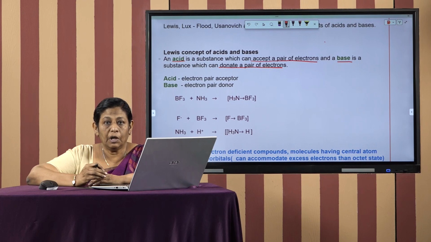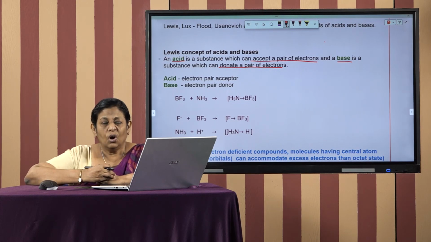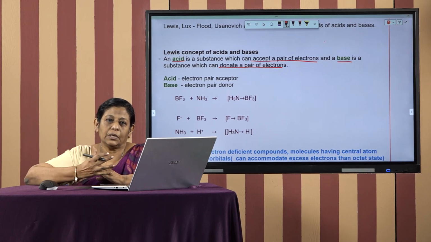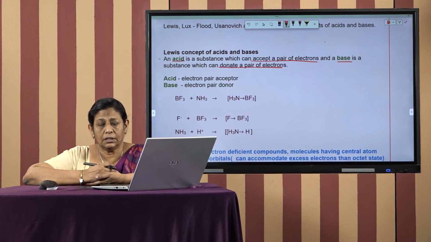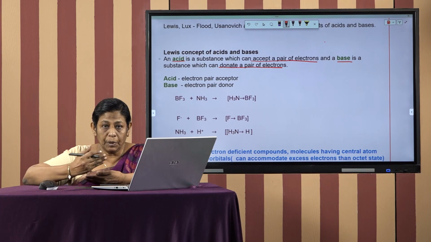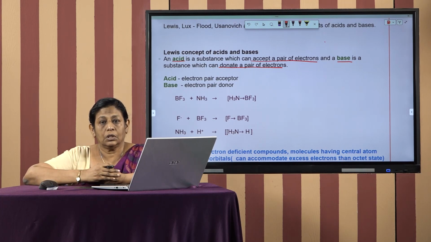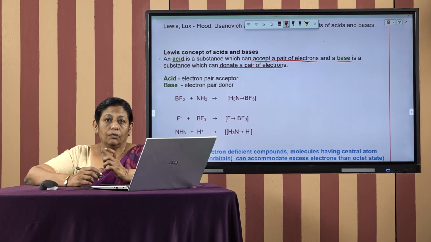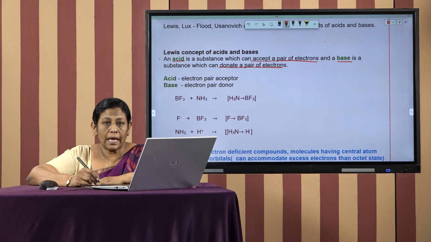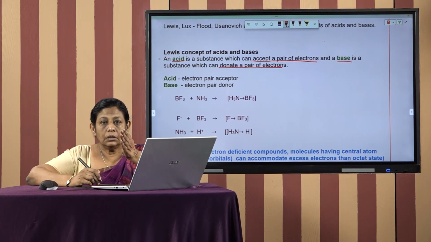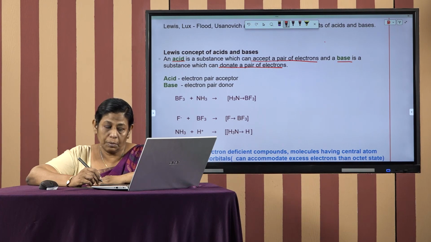Anything which is capable of accepting a pair of electrons, or in short, something which is electron deficient, is considered an acid, and those which are capable of donating a pair of electrons are considered bases. And here this donation and acceptance is the criterion to determine whether a substance is an acid or a base.